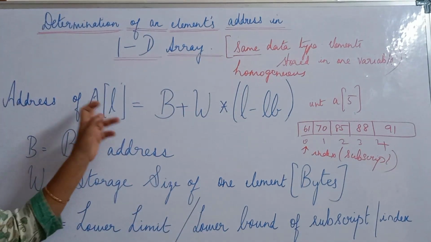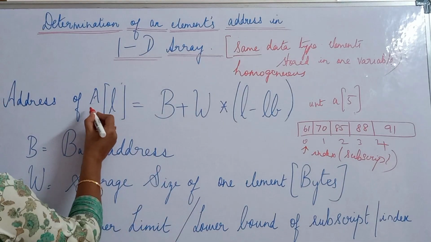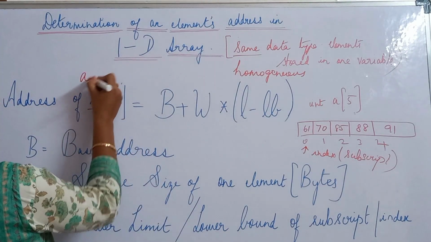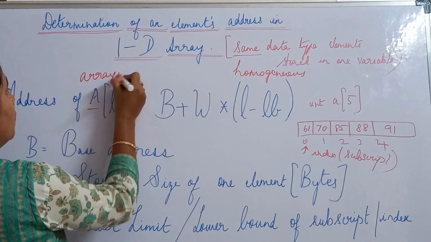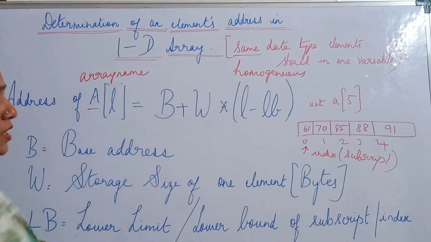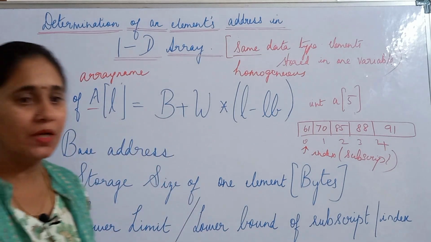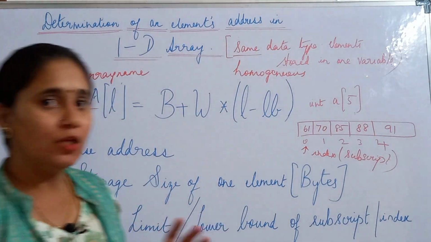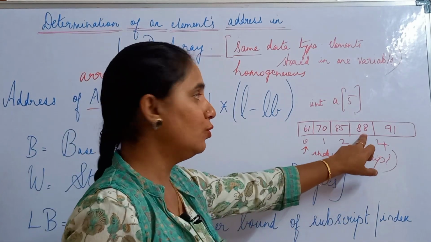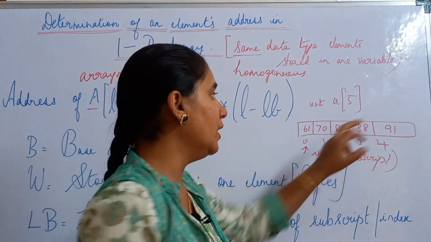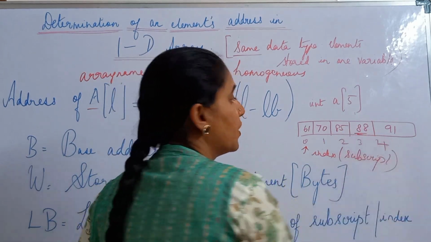Address of A of L. What is this A? A is nothing but the array name, the name of the array which I am going to use. Then L. Let me tell you with an example. For example, I want to find in which memory address the value 88 is stored.